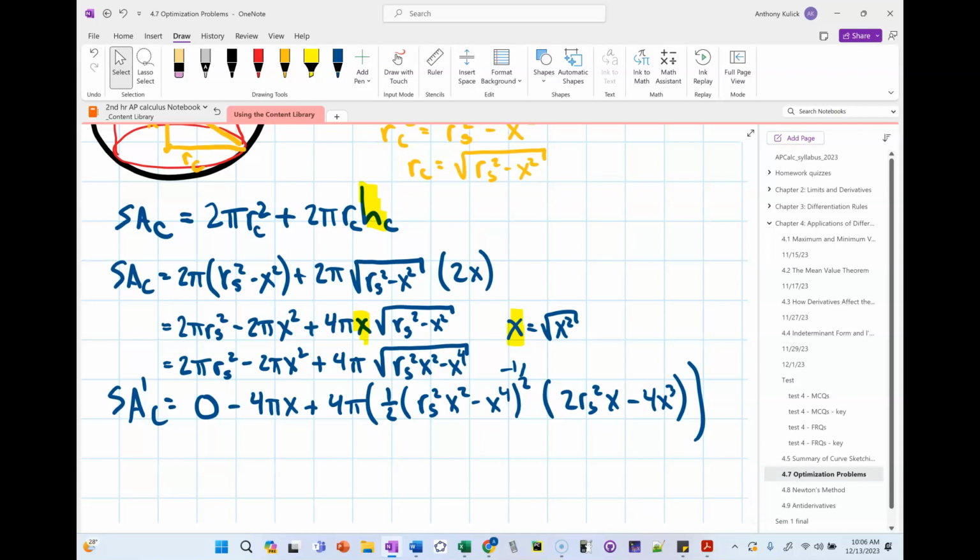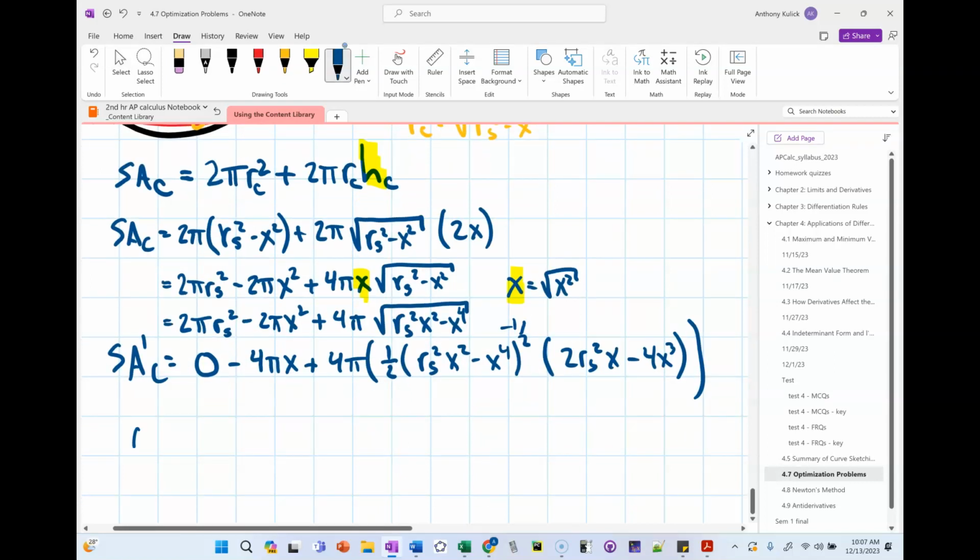Oh, I don't love this. I don't love the prospect of solving this at all. This is going to be a nightmare, isn't it? Oh yeah, that gets real bad. Well, here's the problem. Let's write out what we really have here. If we set this equal to 0, we have negative 4 pi x, no big deal there, and then we'll reduce a little.